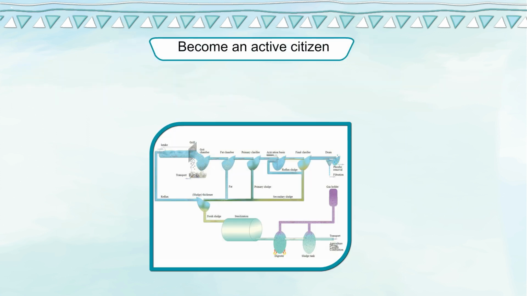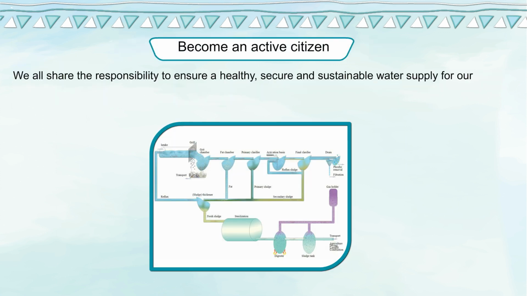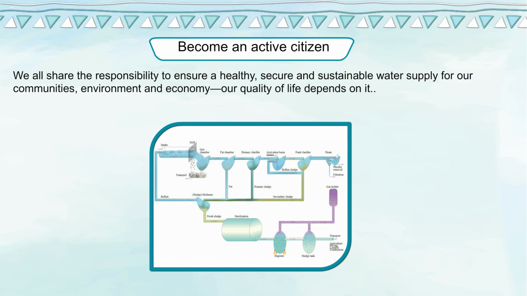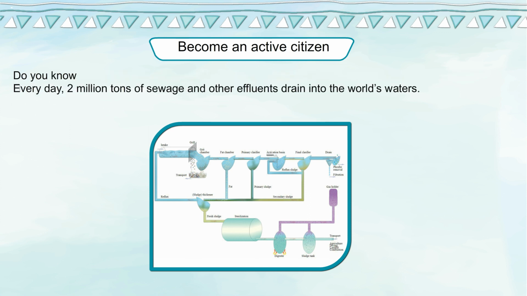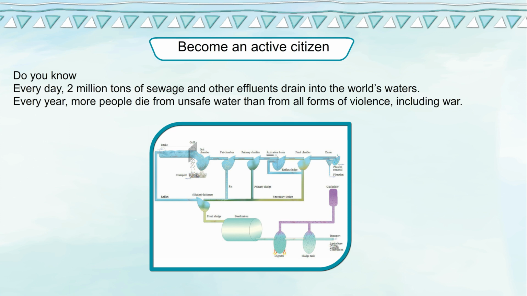Become an active citizen. We all share the responsibility to ensure a healthy, secure and sustainable water supply for our communities, environment and economy. Our quality of life depends on it. Do you know, every day 2 million tons of sewage and other effluents drain into the world's waters. Every year, more people die from unsafe water than from all forms of violence, including war.